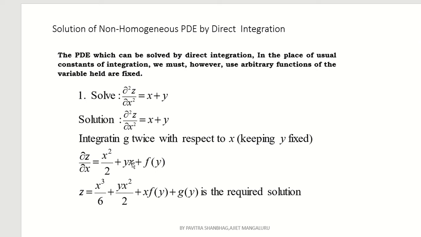Integration of x dx is x square by 2 plus here integration of fy dx, so fy is constant, 1 dx, that means x into fy plus constant of integration, one more required, right? Because we are integrating with respect to x, once again constant in terms of y, that is we are choosing in terms of gy. Okay, so this is required solution of given non-homogeneous PDE.